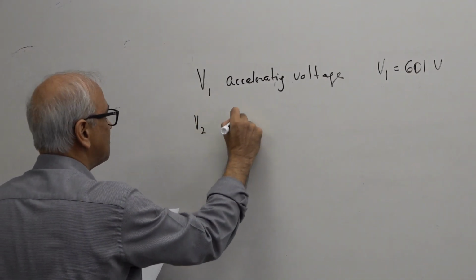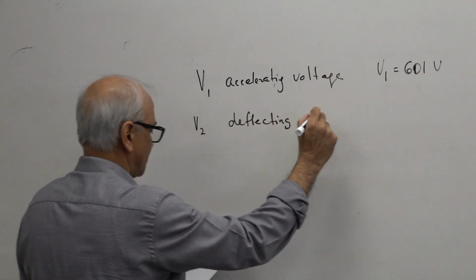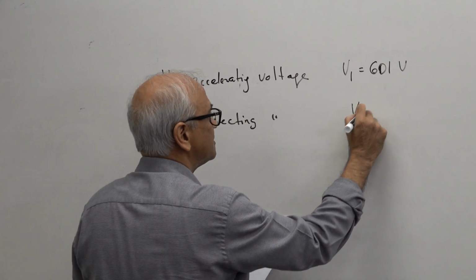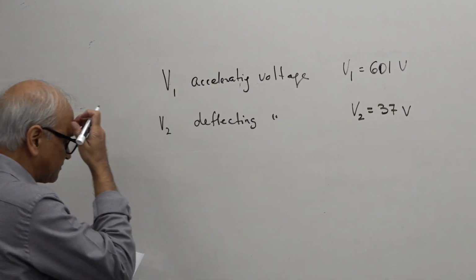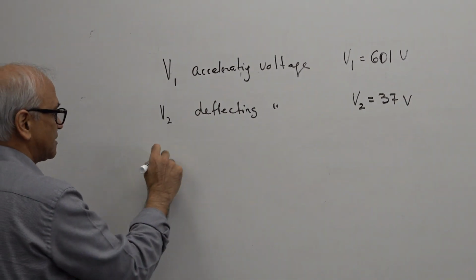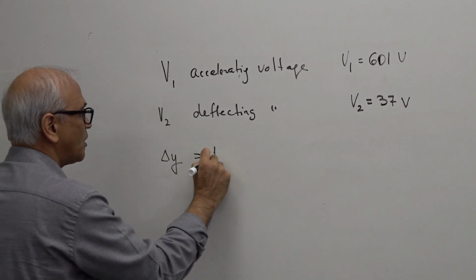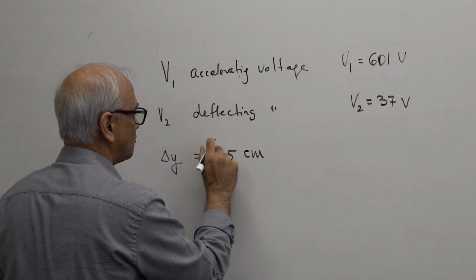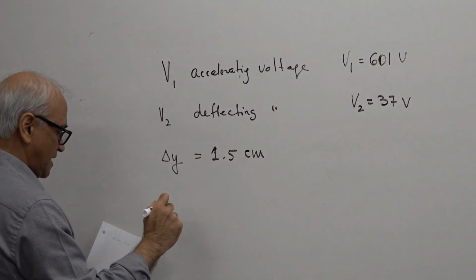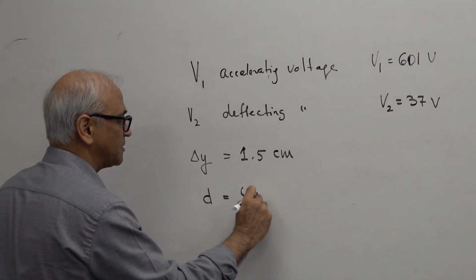V2, this is the deflecting voltage, and that's 37 volts. I have moved it, this delta Y, I have moved it by 1.5 centimeter. Okay, you can actually convert that into meter if you want. And then the D distance was 4 millimeter.